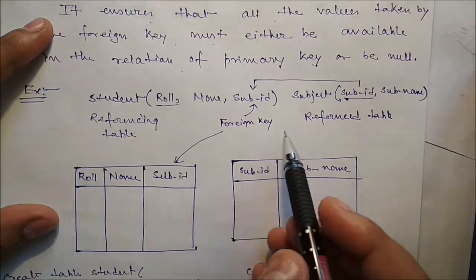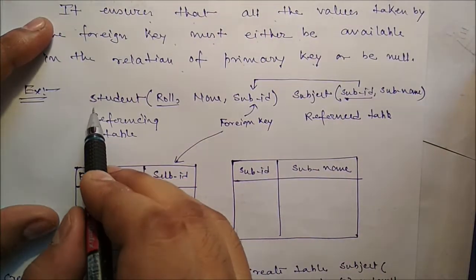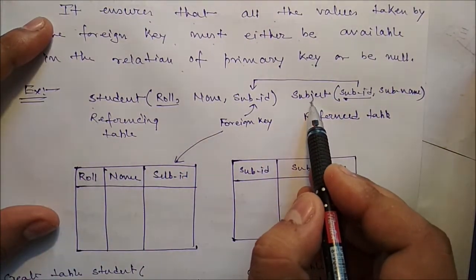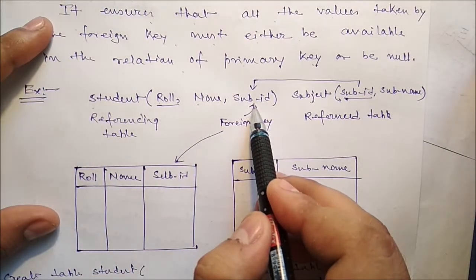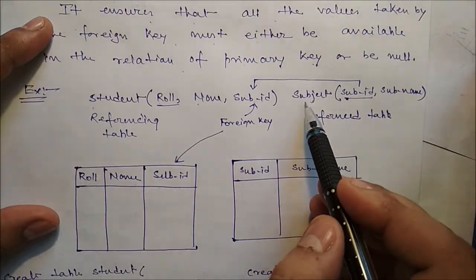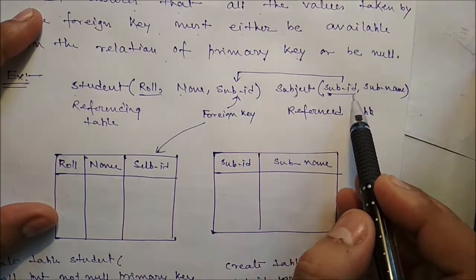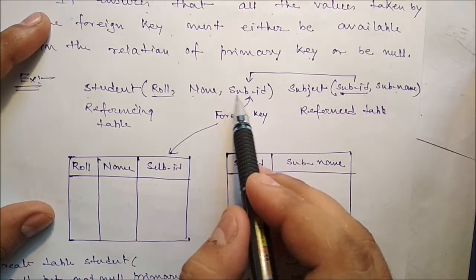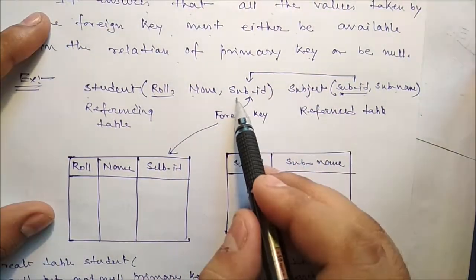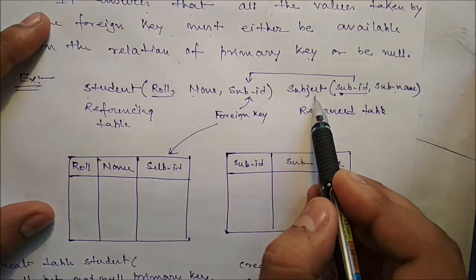Now we can see two tables are there, student and subjects. The attributes are roll number, name and subject ID. And in the subject table, subject ID and subject name are there. Now here we have to take values of subject ID from the subject table.